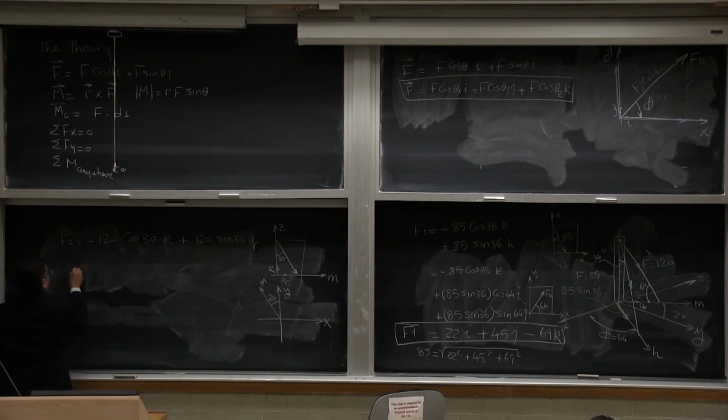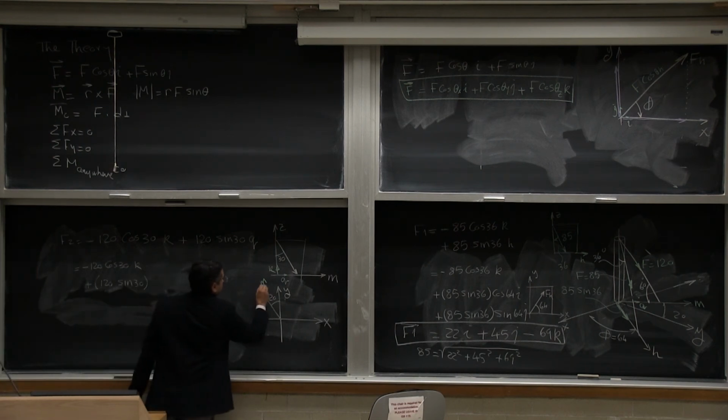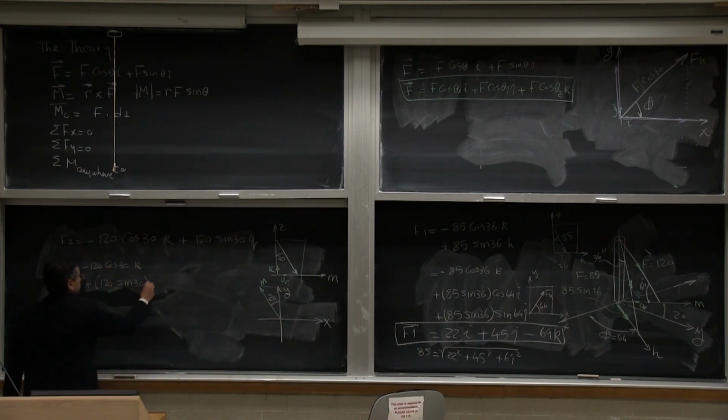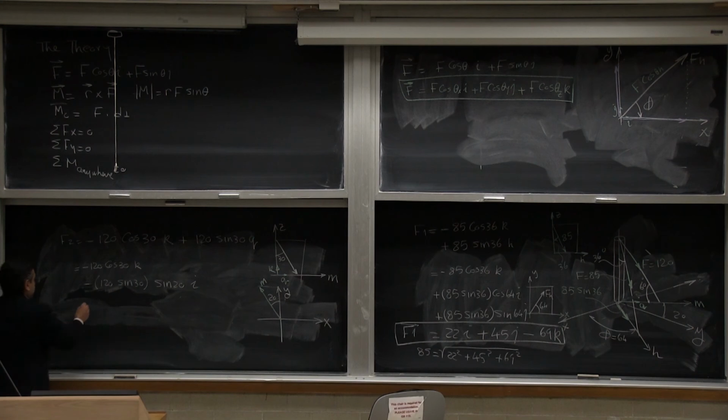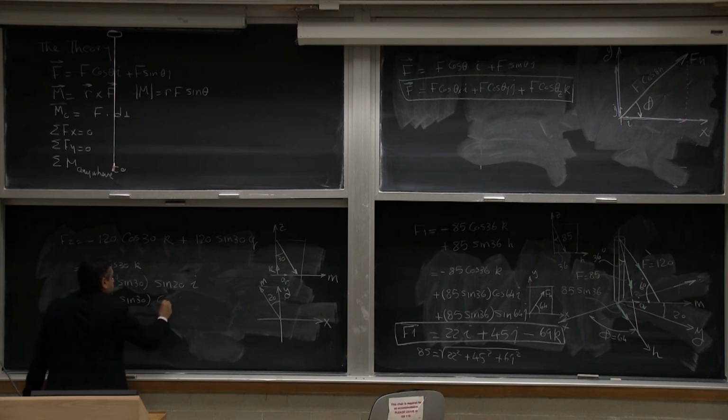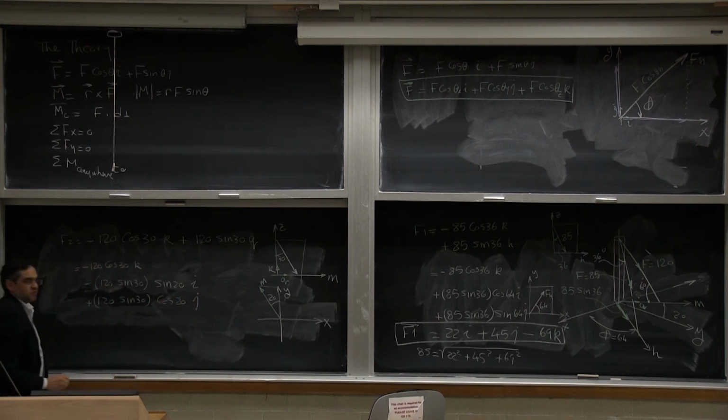And so I can write this will equal minus 120 cos 30 k plus 120 sine 30, that's F in the direction of M, and then this will be sine 20 in the negative x i, and will be plus 120 sine 30 cos 20 in the positive j.